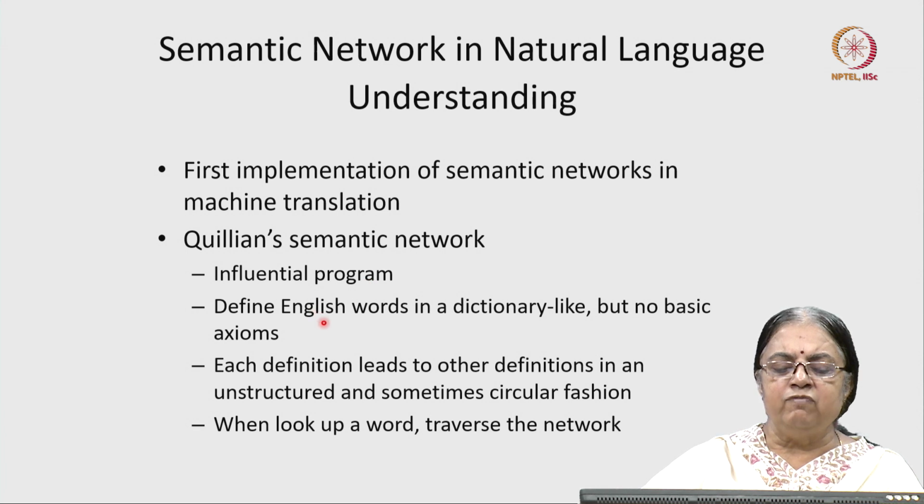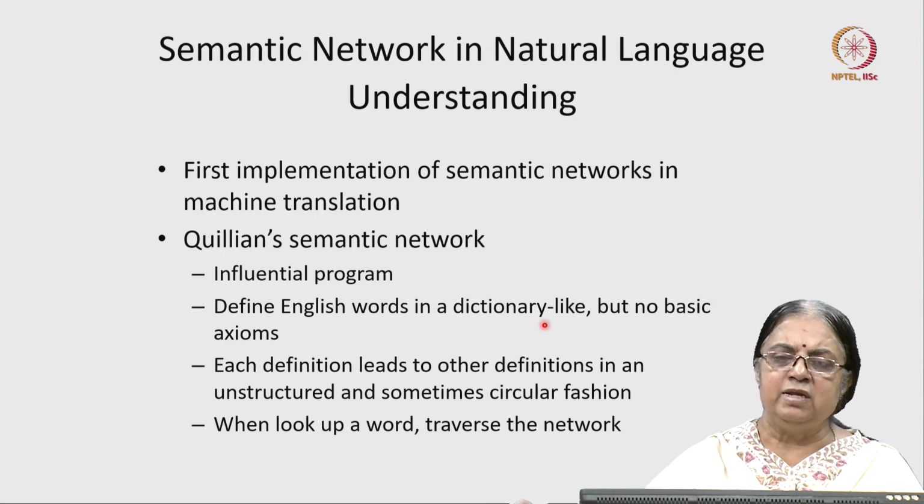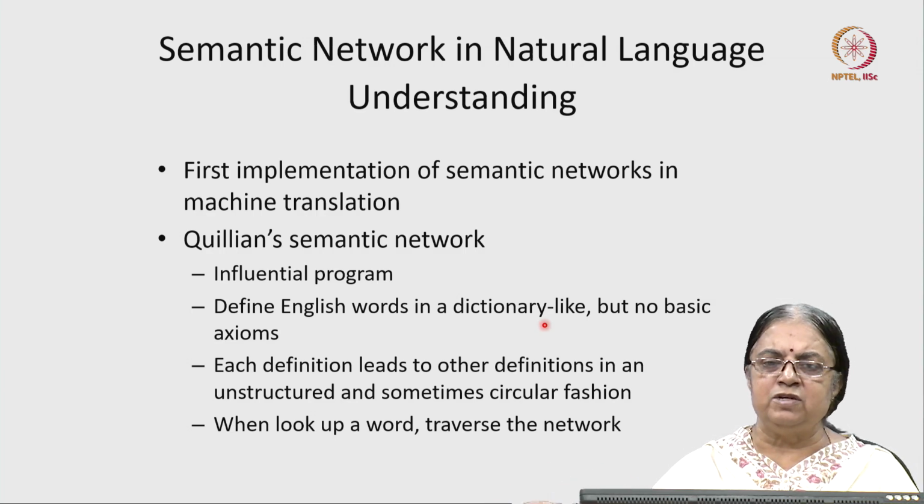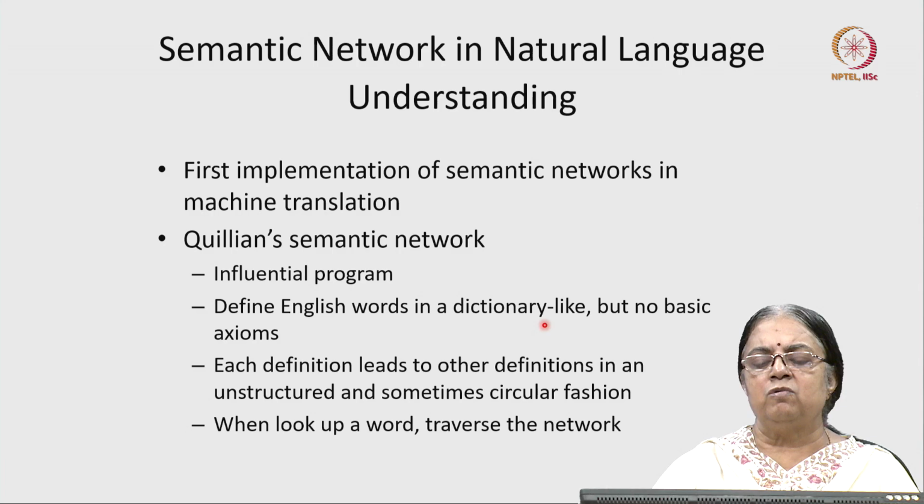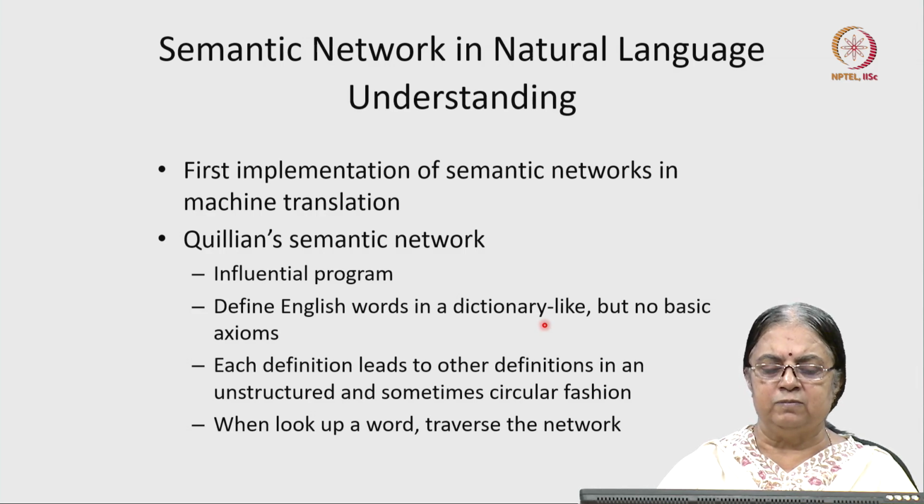So, you are defining the English words in a dictionary like manner. Okay. Then each definition leads to other definitions, etc. So, it is something like the knowledge graphs which they use nowadays. Okay. So, the knowledge graph is supposed to give you something like general information about the world.